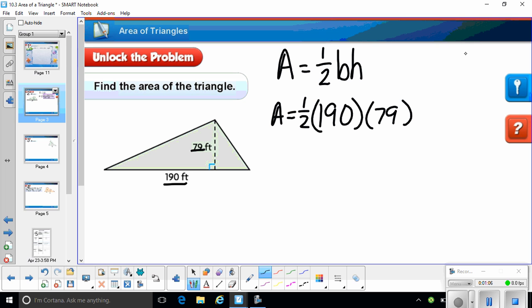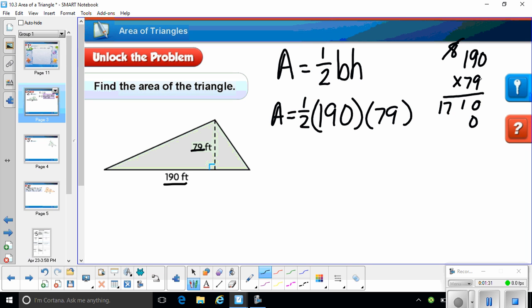So off to the side is where I'm going to do my doodle math and solve 190 times 79. So 9 times 0 is 0. 9 times 9 is 81. 9 times 1 is 9, plus 8 is 17.